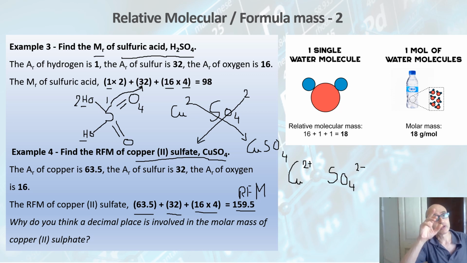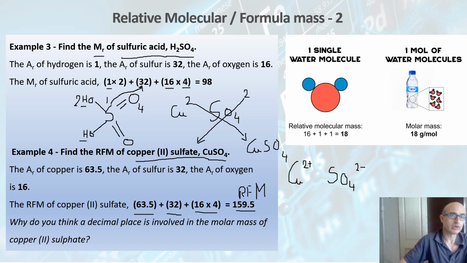If you look at the picture on top of me, you've also got water. Now, this is to reinforce the idea of why it is so important to know about relative molecular mass, relative formula mass, because then we can use it for calculations in chemistry. Let's look at a single water molecule.